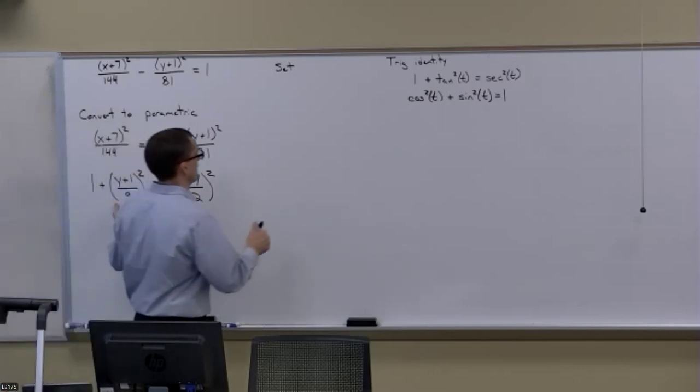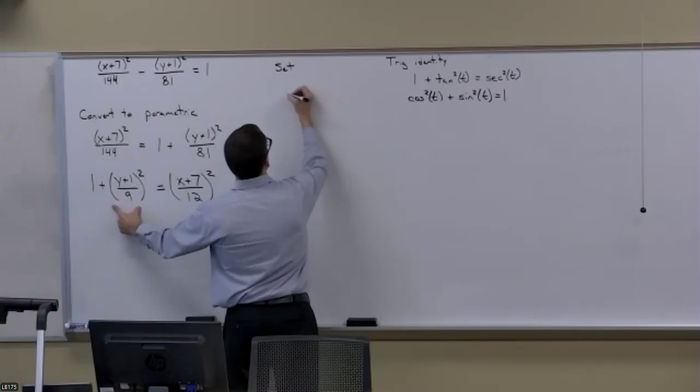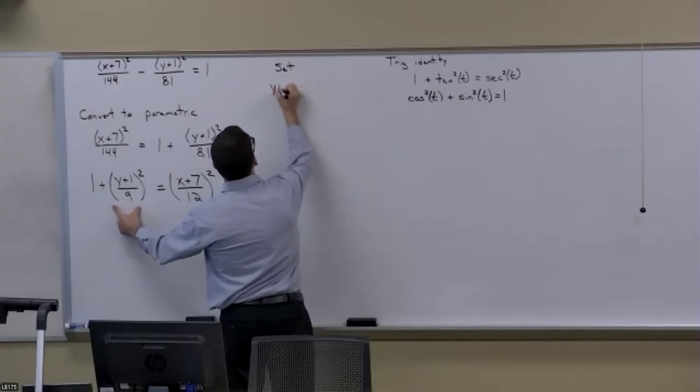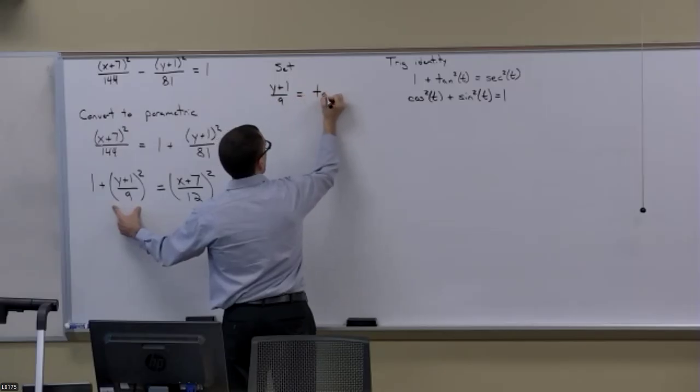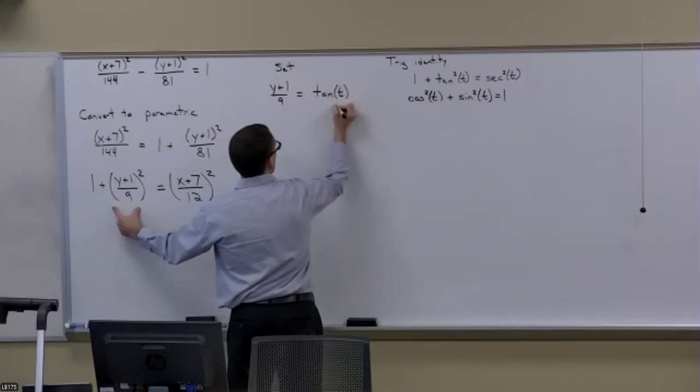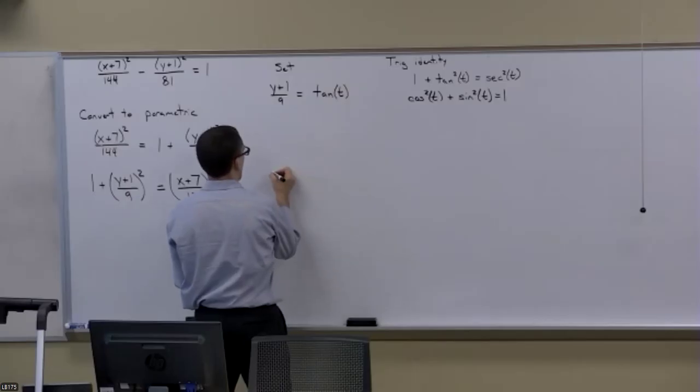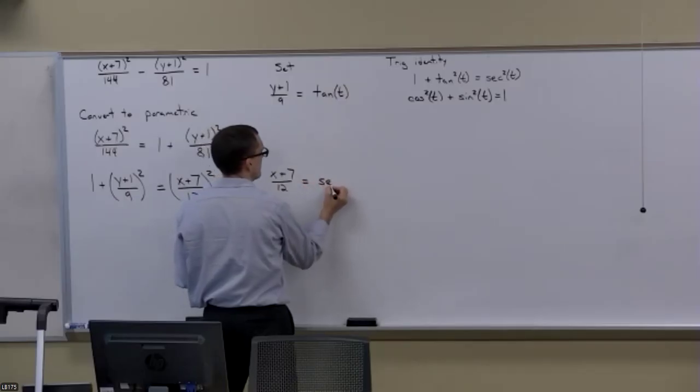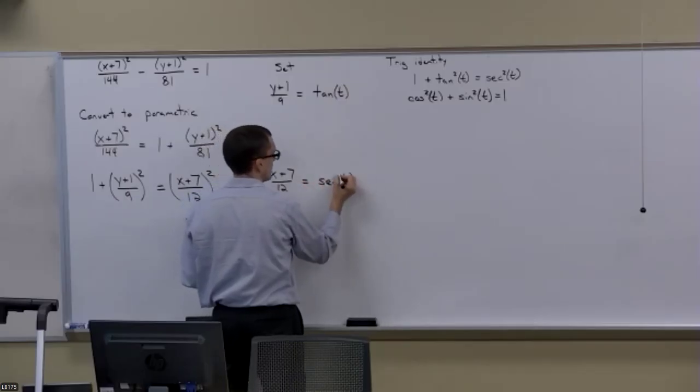Now we set (y plus 1) over 9 equal to the tangent of t, and set (x plus 7) over 12 equal to the secant of t.